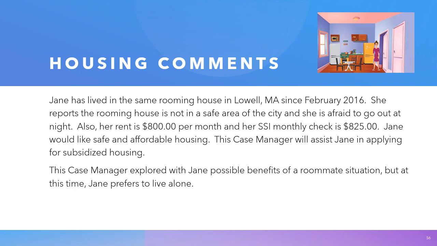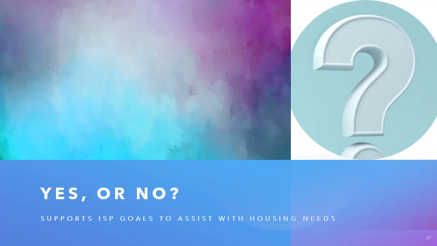She would like safe and affordable housing. This case manager will assist Jane in applying for subsidized housing. This case manager explored with Jane possible benefits of a roommate situation, but at this time, Jane prefers to live alone. Supports ISP goals to assist with housing needs. Yes.